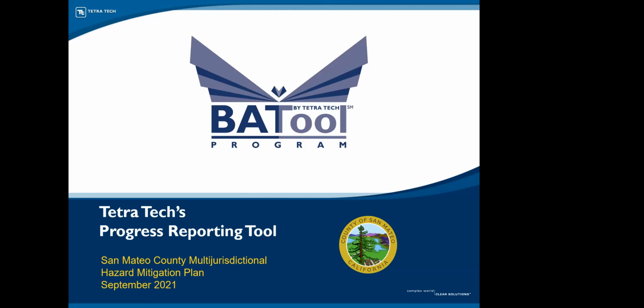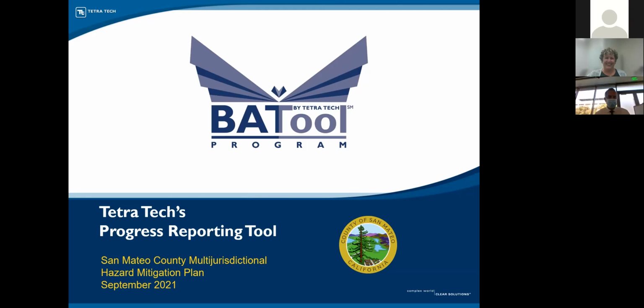So the BAT tool, just so you have an understanding, is a web-based program that allows you to take the action items that you developed when you were putting together your hazard mitigation plan annex and put those in, and then you can go through and do the maintenance updating of those throughout the calendar year. And so when it comes time to do a progress report at the end of the calendar year, all that information is in there.